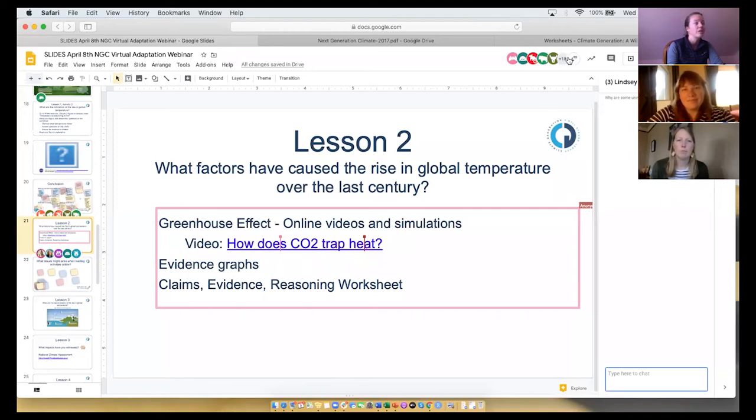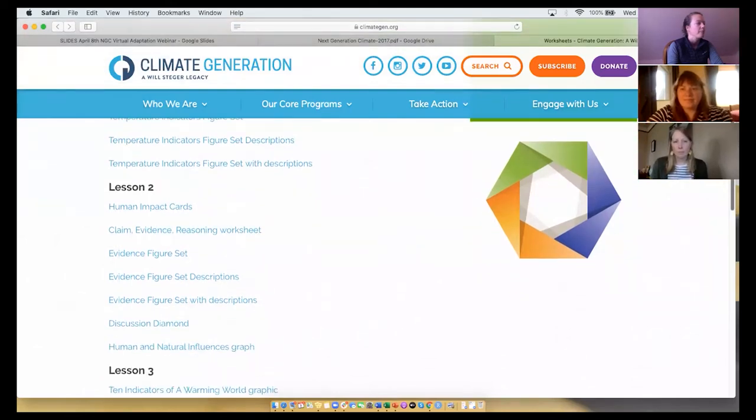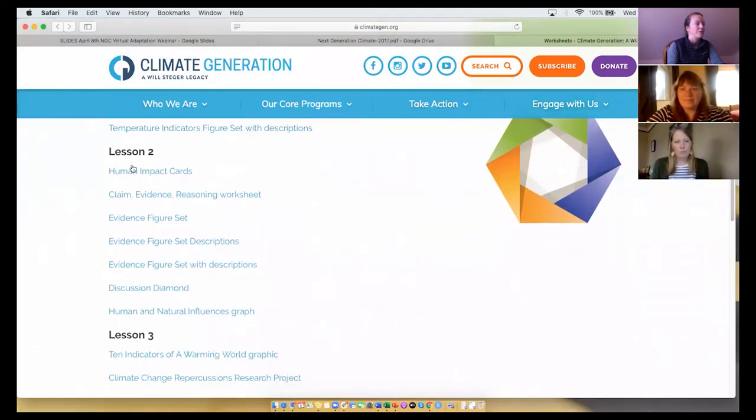In our worksheets, if you want to navigate over to that tab for lesson 2, we have a bunch of resources for asynchronous engagement with this activity. We have evidence figure sets again, we have the figure set descriptions, and we have worksheets that can be associated with this activity.